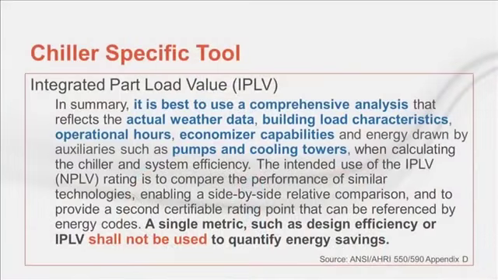These tools ignore some pretty critical application details such as building load profile, local weather numbers, and number of chillers in the system, among others. And because of this, according to ANSI/AHRI Standard 550/590 Appendix D, a single metric, such as design efficiency or IPLV, shouldn't be used to quantify potential energy savings for chiller and system performance.